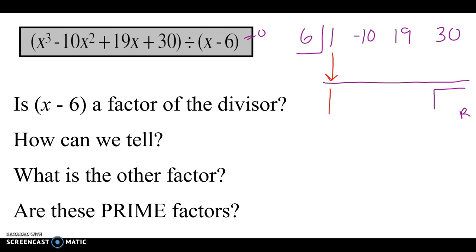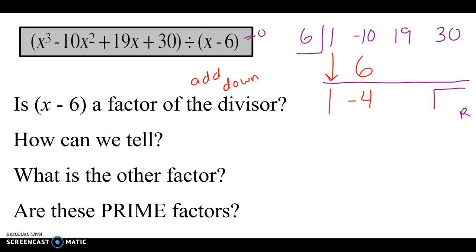And then you multiply the number in front by the number that's down at the bottom. We get 6. And in synthetic division, we add down. So negative 10 plus 6 would be negative 4. Then we multiply that by the number in front.